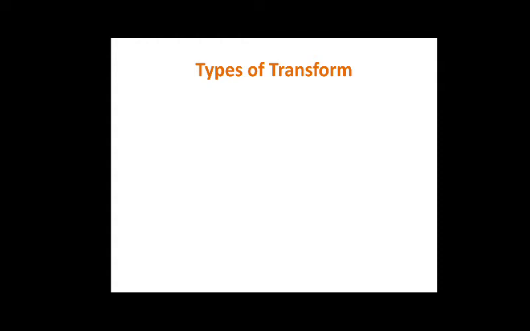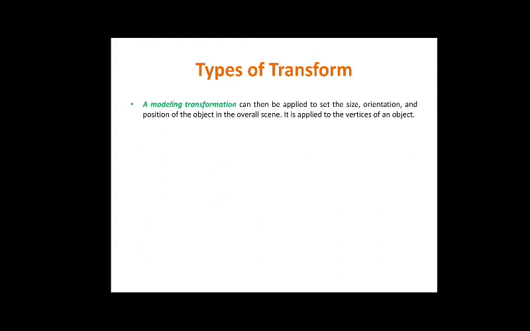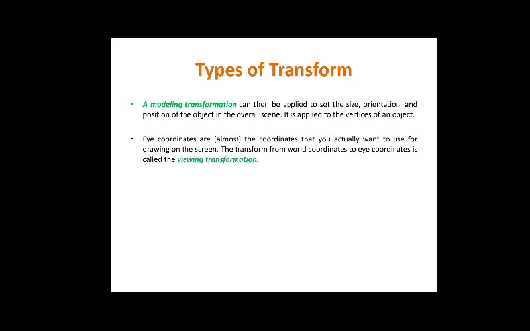So which different transforms can we apply here? First, the modeling transform: the size, orientation, and position of the object all matter here. The next thing is the eye coordinates, which are what you actually want to use for drawing the scene, meaning which part you take and which part you neglect. You convert your world coordinates to eye coordinates using a transformation called the viewing transformation. Next, you convert your eye coordinates into clip coordinates, and that transformation is called the projection transformation.